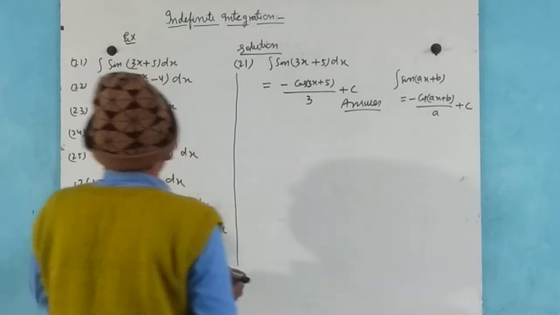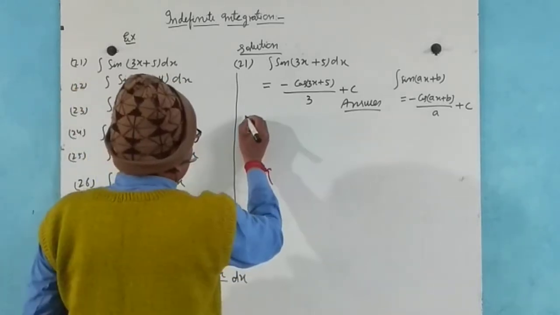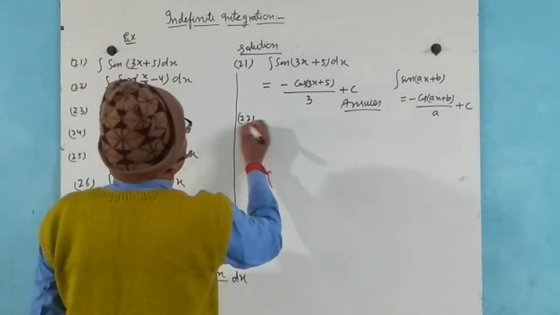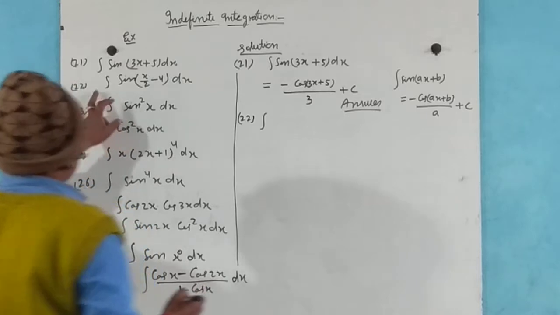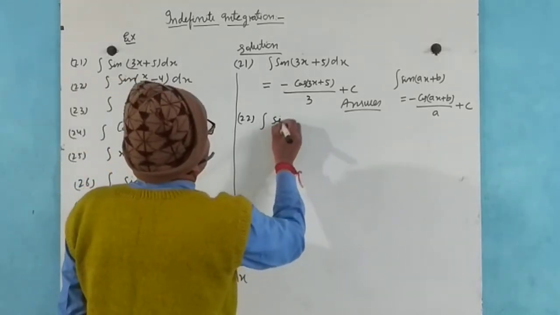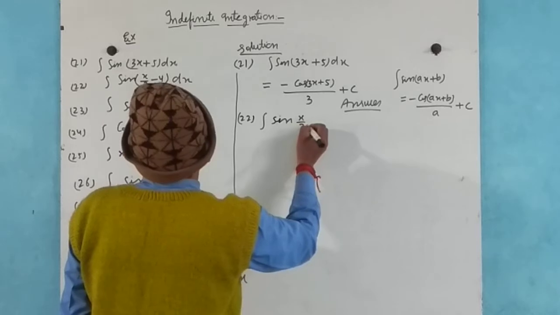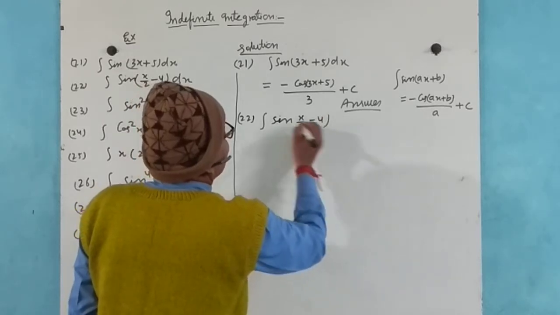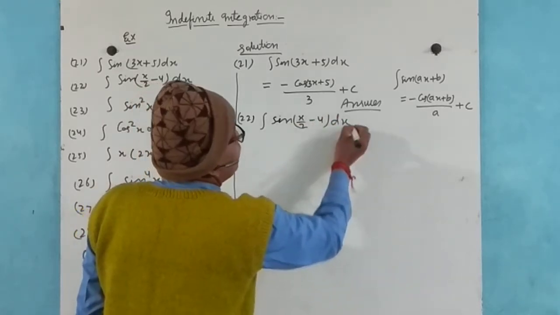Now solution of 22: integration of sin(x by 2 minus 4) dx.